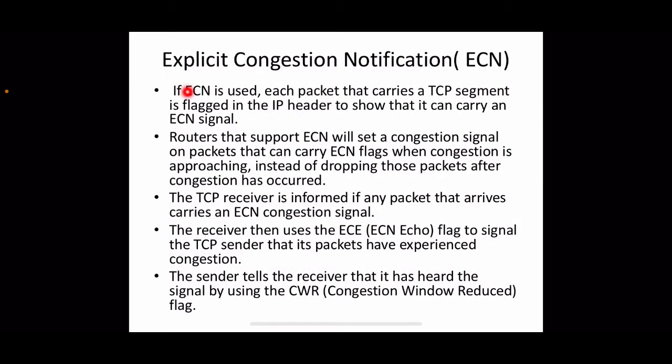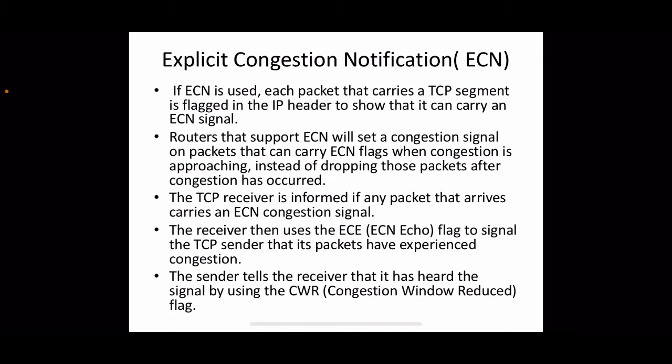If ECN is used, each packet that carries a TCP segment, packet in the sense it's the data unit for the IP layer, the network layer, is flagged in the IP header to show that it can carry an ECN signal. So the IP header also carries some information to indicate that this segment can carry some ECN signal.